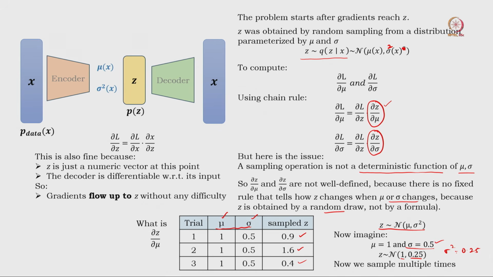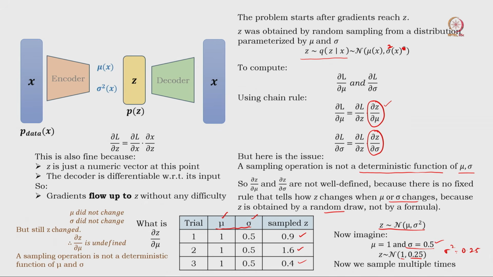Each time you draw, it is a different value. So mu did not change, this did not change, but still z changed. Therefore, the derivative of z with respect to mu is undefined. It is not a deterministic function of mu and variance.